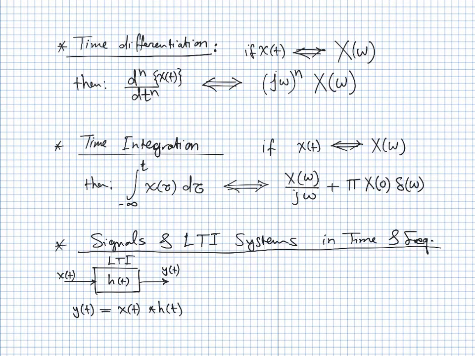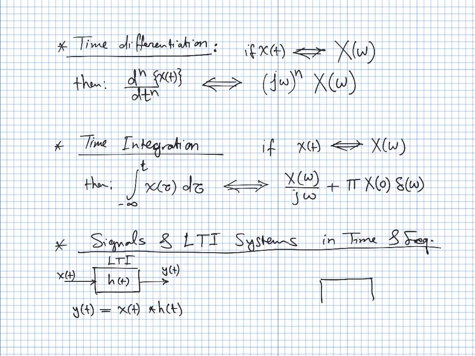The corresponding in frequency domain is going to come from the convolution property. The output in time domain is equal to the input in time domain convolved with the impulse response. Then it must be that the output in frequency domain is equal to the input in frequency multiplied by h in frequency. We call that h in frequency the transfer function of the system, which is the Fourier transform of the impulse response.